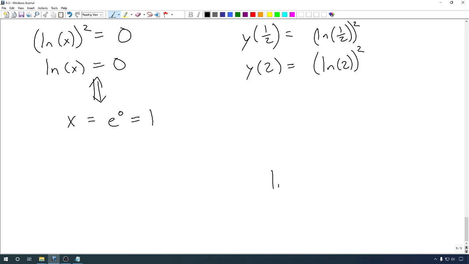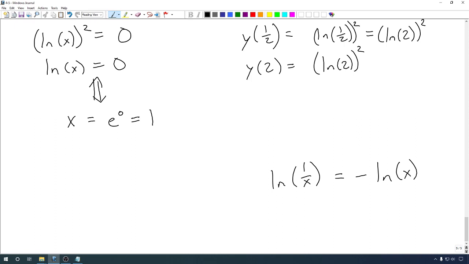In fact, we have a formula that the natural logarithm of 1 over x is equal to negative the natural logarithm of x. So really, we could say this is the square of negative ln of 2. But the square gets rid of the negative anyways. So actually, these give us exactly the same value. But is that value positive or negative?